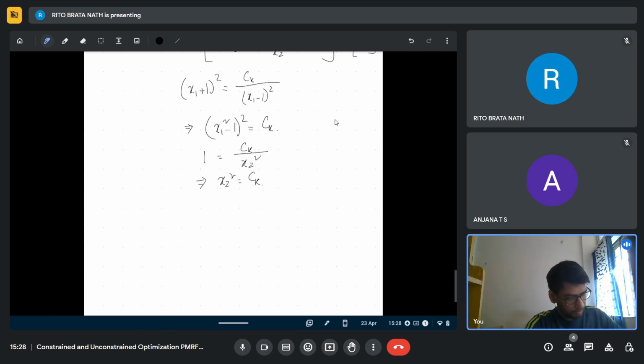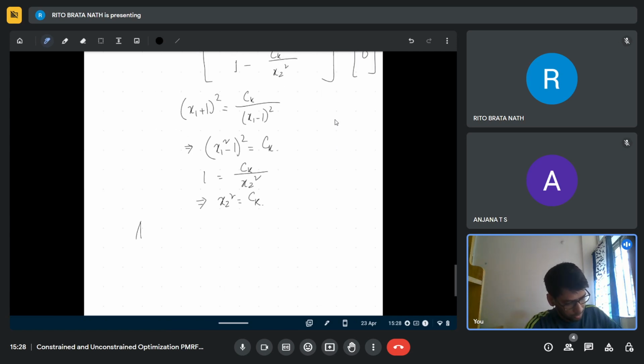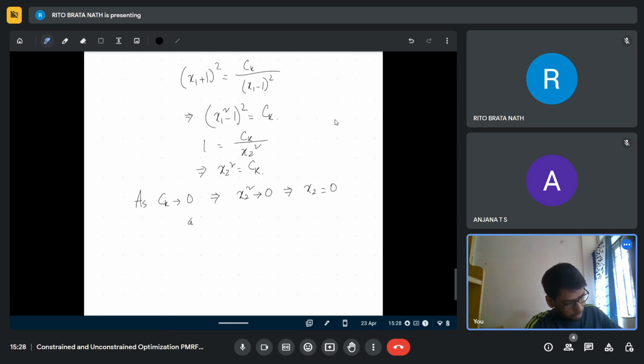Now, as ck tends to 0, x2 square tends to 0, that means x2 is 0, and (x1 square minus 1) whole square is tending to 0. That means x1 square equals 1, and that means x1 is 1, because it is given that x1 is greater than or equal to 1, so it cannot take a value of minus 1.